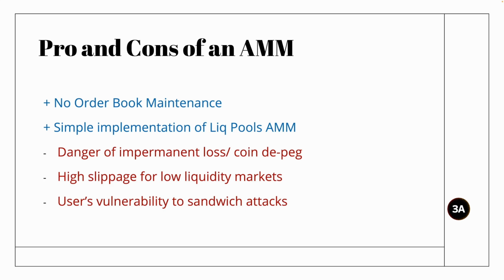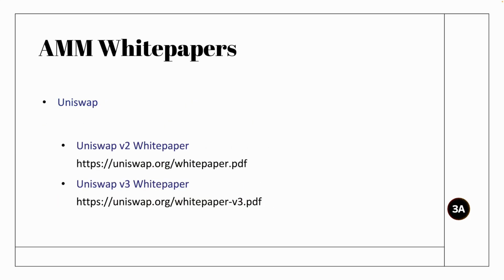We'll discuss this more in a different lecture, but the underlying idea is that if you do have a trade that goes along the bonding curve, there are two other trades that might squeeze you to extract that whole slippage. So I'm going to leave you with some references to AMM white papers worth reading.